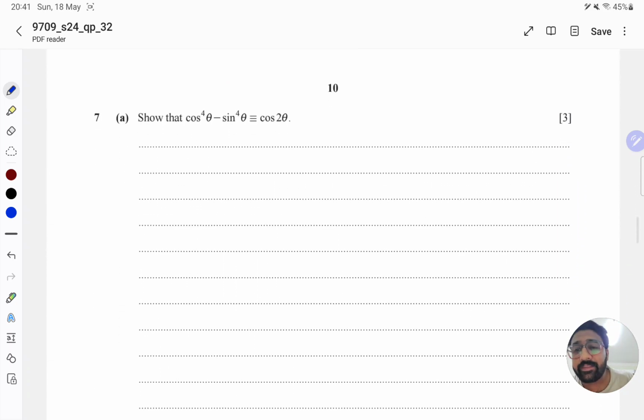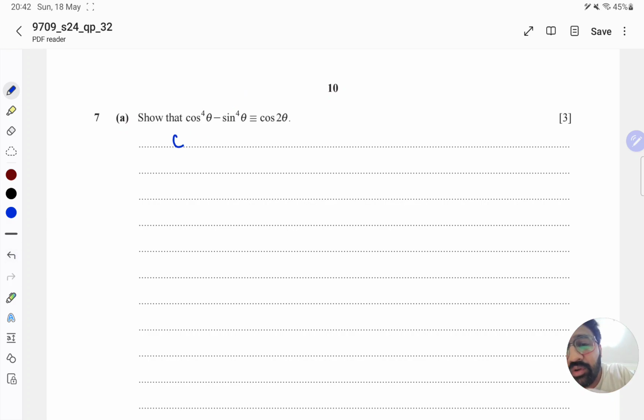The question number 7 says show that cos power 4 theta minus sine power 4 theta is basically equal to cos 2 theta. So we need to get rid of this sine thing and convert it into cos.